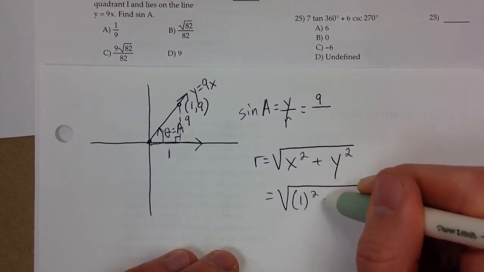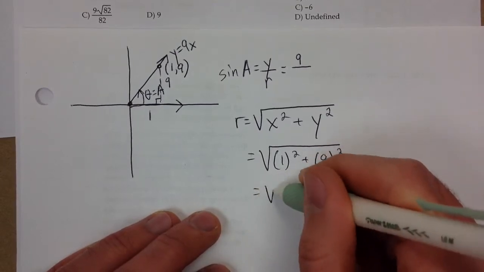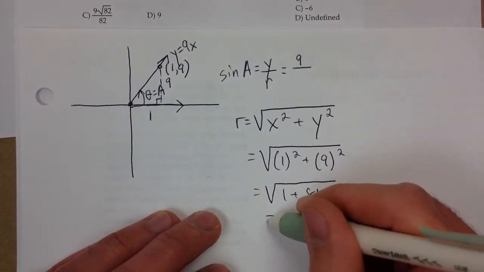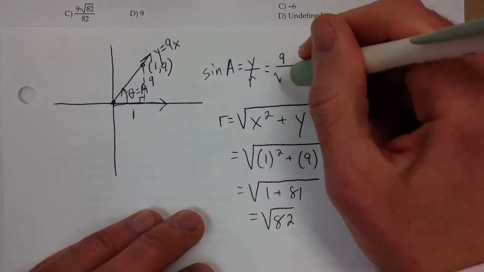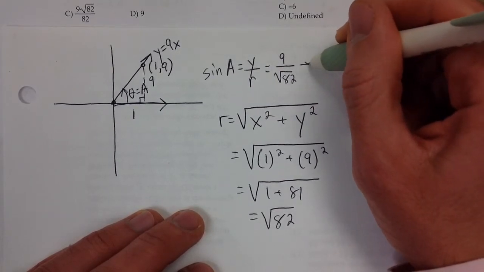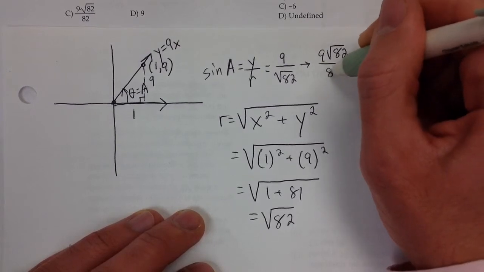X is 1. Y is 9. So it's the square root of 1 plus 81, which is the square root of 82. So it's 9 over root 82, and that becomes 9 root 82 over 82.